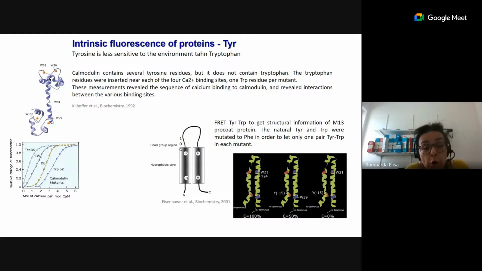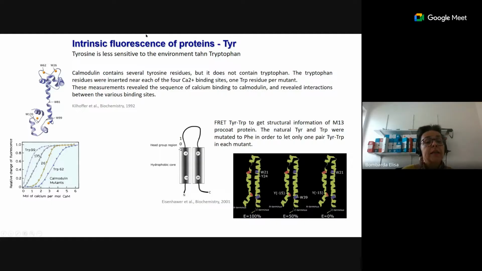So what often could be a good strategy is that the tyrosine can be mutated, substituted by a tryptophan, and then you can continue your study. That is a mutation that should not affect too much the structure.